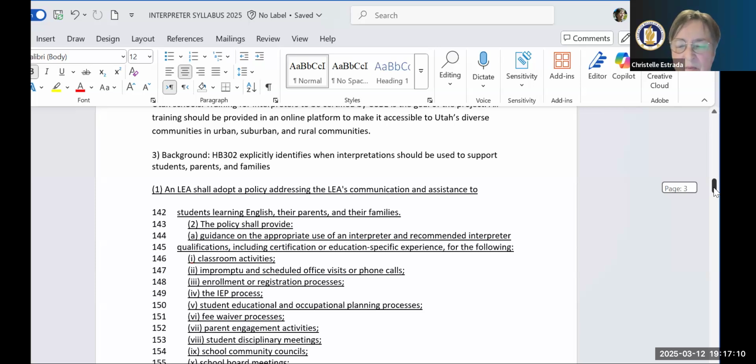Bev, do you want to say anything about how thorough it is or anything about your experience in Canyons? Sure. So I was really fortunate enough to be able to provide input and go to the Hill and provide testimony about why this should be passed. And I want to reiterate what Christelle said. I don't speak another language.